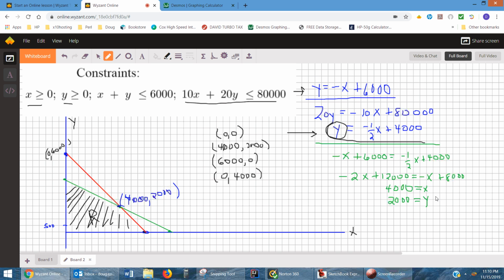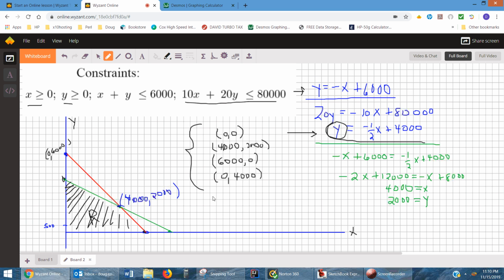I got x equals 4,000. And if I put 4,000 in for x, I get 2,000 for y. So there are the points that we want to test with our objective function. 0, 0, 4,000, 2,000, 6,000, 0, that's this point right here, and 0, 4,000. Those are the vertices of the region that is created by the intersection of all the points that satisfy the constraints.